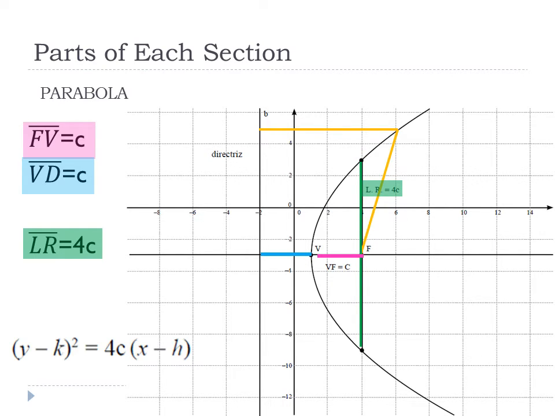So if I measure this distance from here to here, it will be the equivalent of 4c. So once again, that measure will go here. And if I need to know the specifics of how much 4c is, I can solve for c here, depending on the distance. The other thing I can do is measure the distance from the vertex to the focal point or the vertex to the directrix and multiply it by 4. It's your choice.